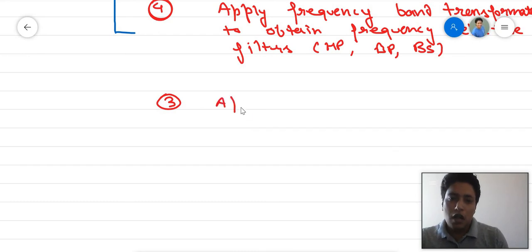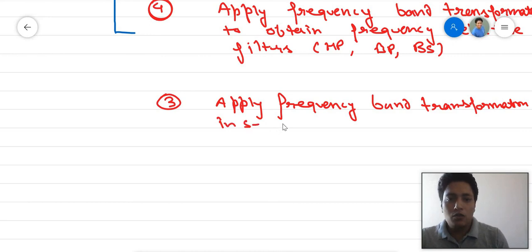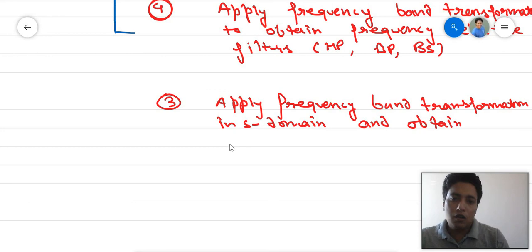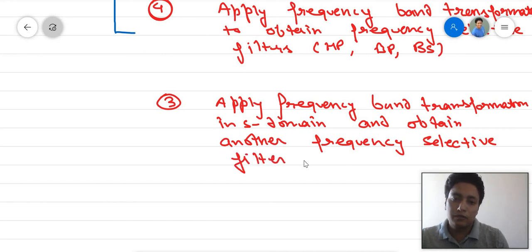Step 3 is to apply frequency band transformation in the S domain and obtain another frequency selective filter, which may be high pass, band pass and band stop.